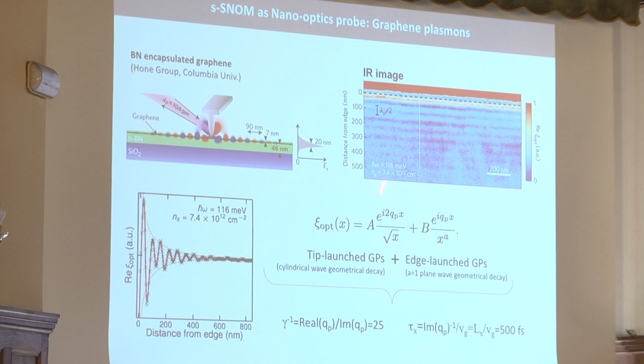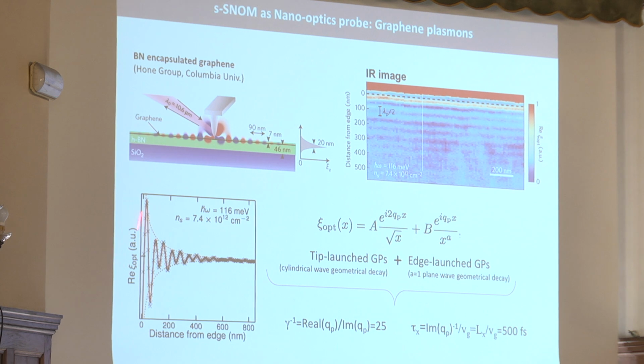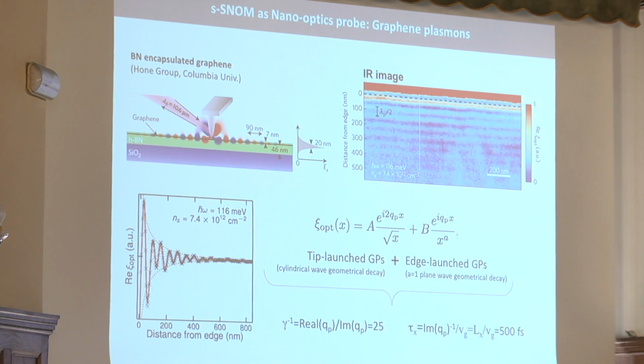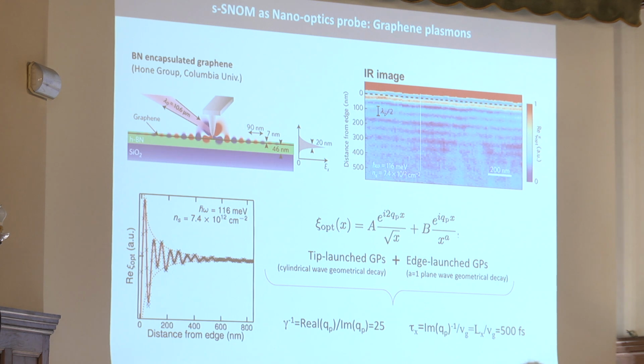Okay, so we had these two contributions, and then we fit them, and here you can see how it fits the doublets nicely. From here, one can extract the real part of q, the wave vector, and the imaginary part. With the imaginary part, you can extract the propagation length, and with the real part, you can extract the wavelength, and with the wavelength, the dispersion, and with the dispersion, for example, the group velocity, which is the slope of the dispersion.